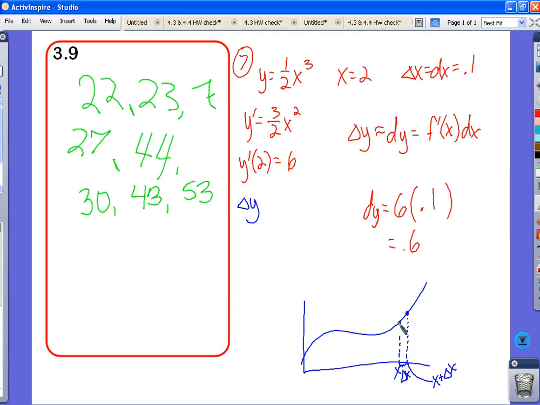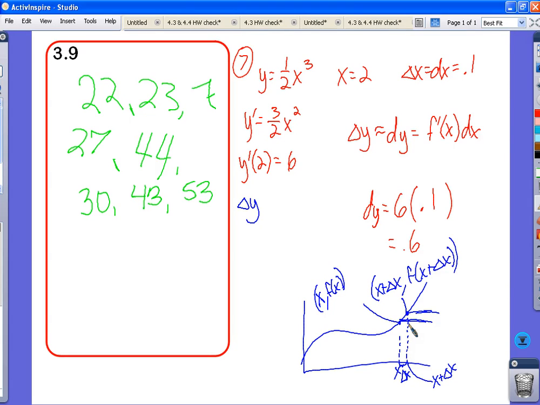This would be the point x, f of x, and this would be the point x plus delta x, f of x plus delta x. To find the change in y between this y value and this y value, I just take this y value and subtract this y value, and I get the difference between the two.